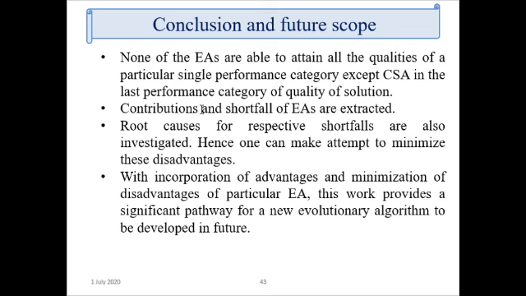Let us say one wants to develop a new algorithm in future. Also the root causes of the respective shortfalls are investigated, so from that we can minimize or remove these disadvantages. With incorporation of the contributions and minimization or removal of the disadvantages, this work will provide a significant pathway for a new evolutionary development in future.